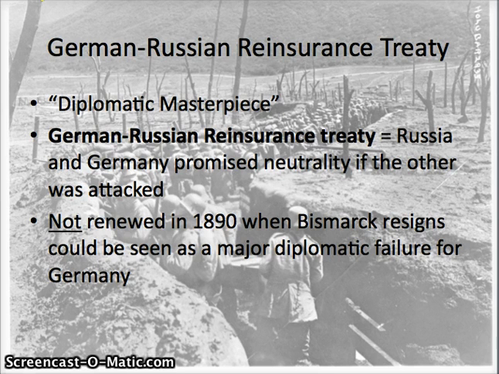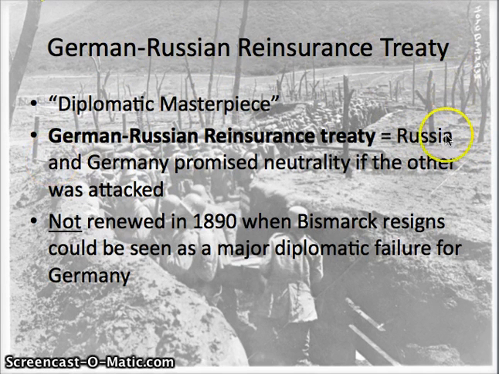Okay, so diplomatic masterpiece. Now this German-Russian reassurance treaty, again, it's reassurance because Russia and Germany agree that if any other country attacks them, so again, if France attacks Germany, if Austria attacks Russia, the other country won't get involved. France attacks Germany, Russia is not going to come to France's aid.